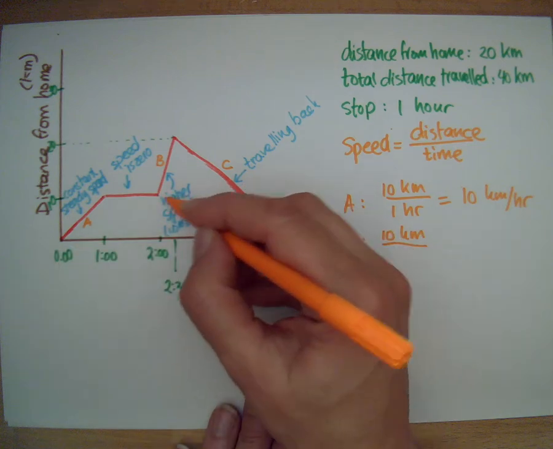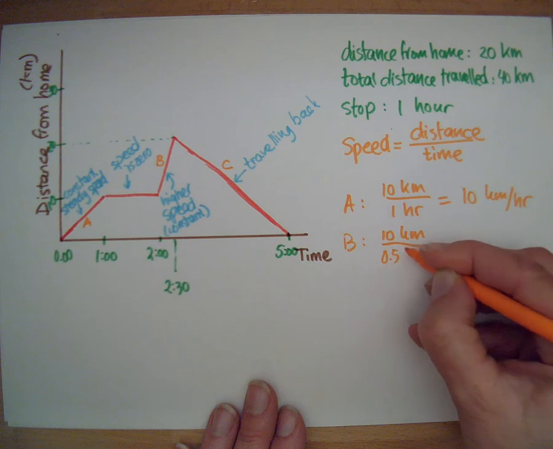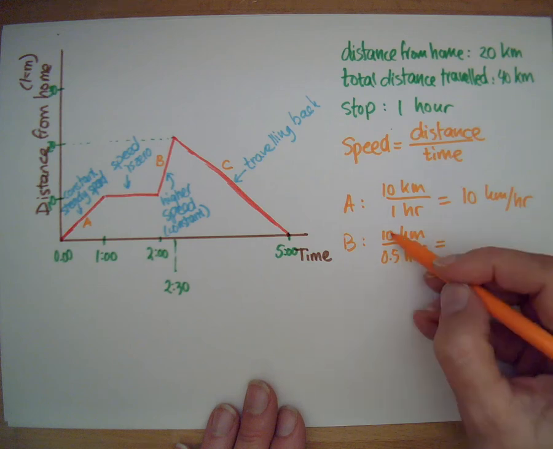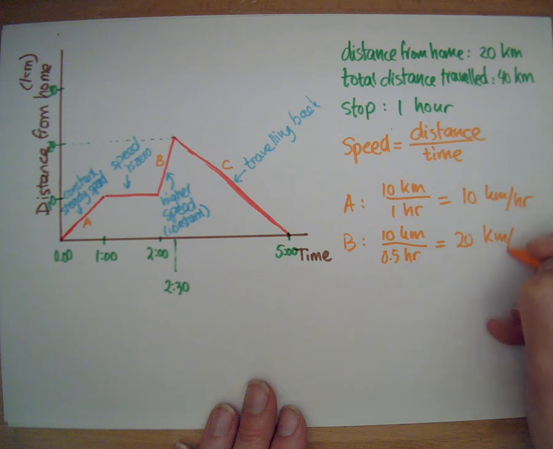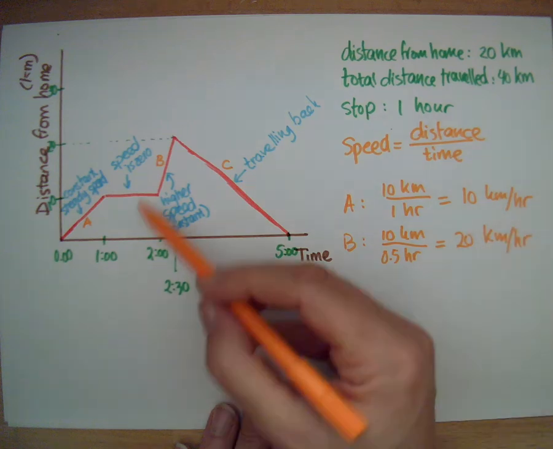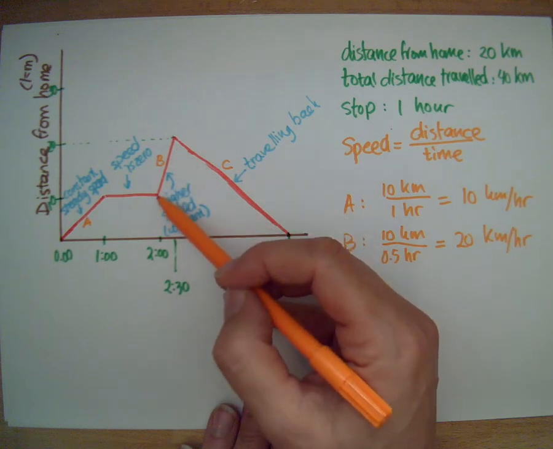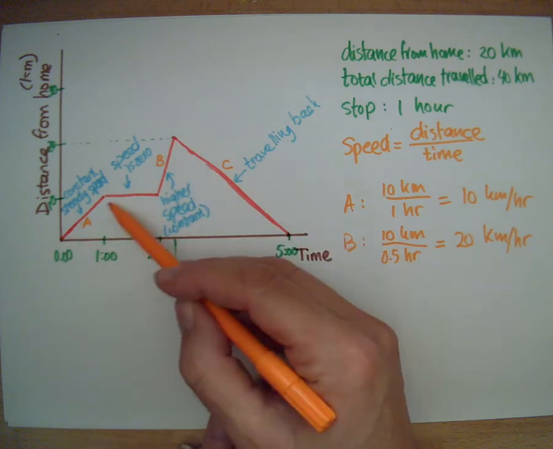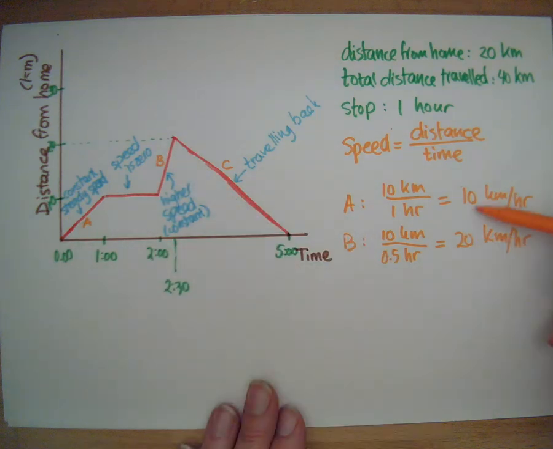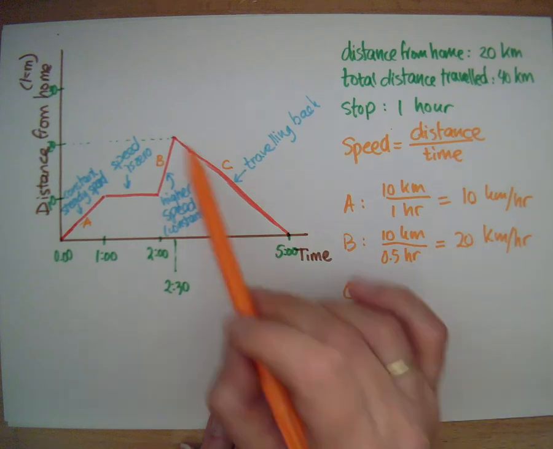So 2 to 2.5. How much time has passed? Half an hour. 1/2 hour. 10 divided by 1/2 is 20 kilometers per hour. And as you can tell, just like we said before, the speed here is higher. The line is steeper, which means the speed is higher than here, which it is, 20 kilometers. That's exactly twice as fast as stretch A.